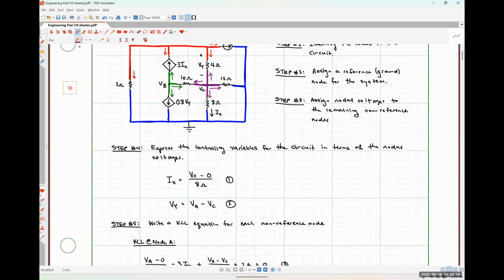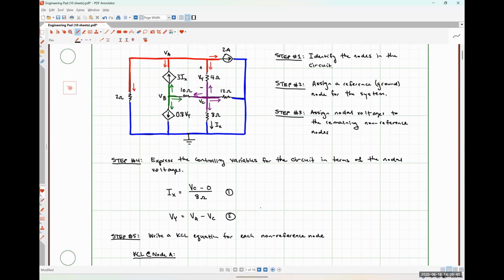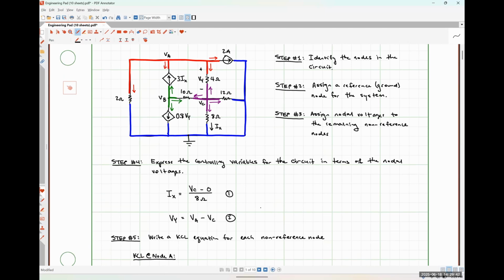So does anybody want to help me out with the current flowing from right to left through the 10 ohm resistor? It should be VC minus VB over 10. Exactly right, Colin, thank you. Now let's do the current flowing up through that 4 ohm resistor. Somebody help me out with that guy.